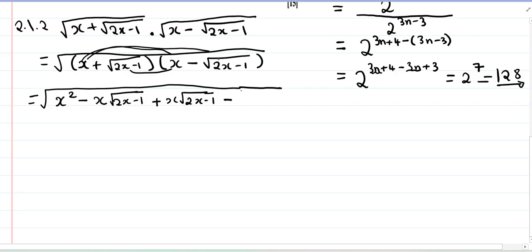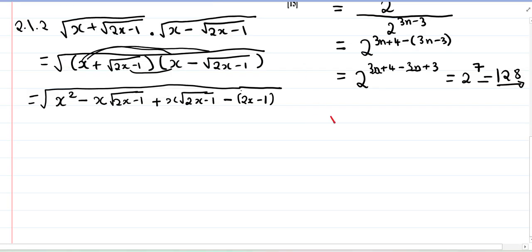Square root multiplied by square root, I think by now we know that square root times square root is the same as squaring that square root. So this is going to be 2x minus 1. The square root goes away. Or maybe let me write it here so that everyone can see. I don't want anyone to be lost.